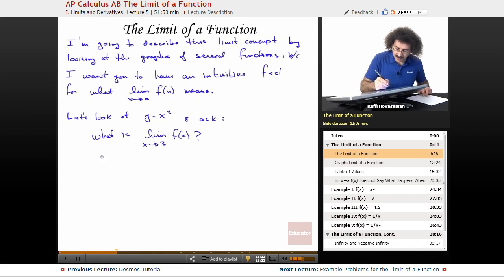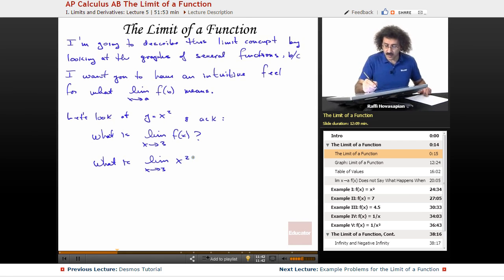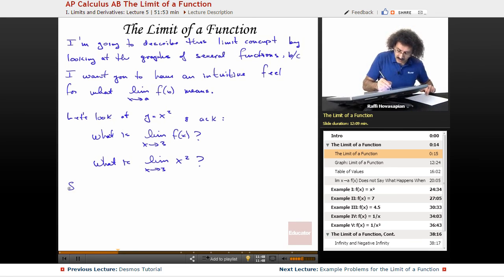Or, same thing, because f of x is x squared, what is the limit as x approaches 3 of x squared? So what we're asking is, as x gets close to 3, what does x squared do? Okay, we write that down.